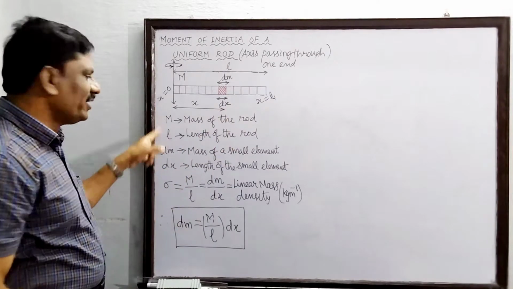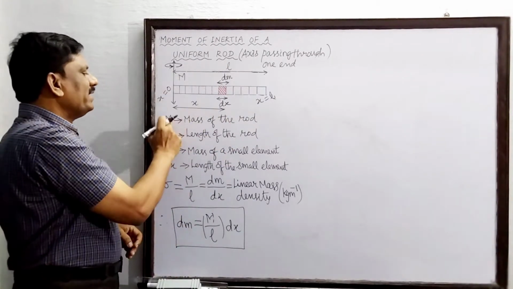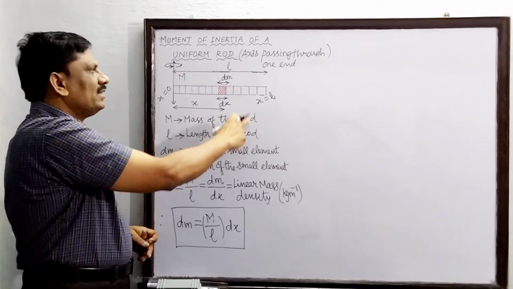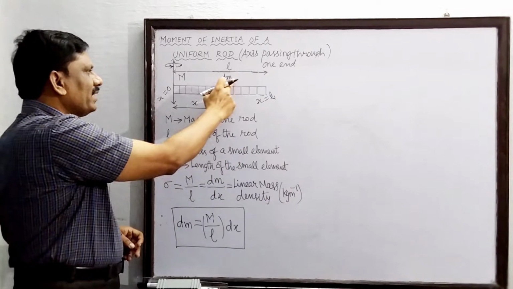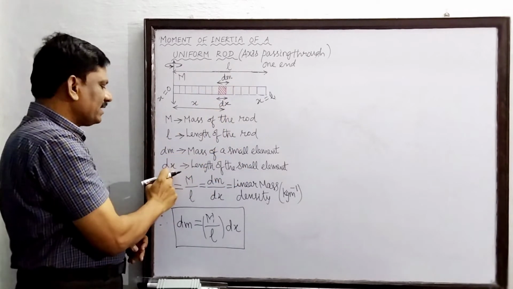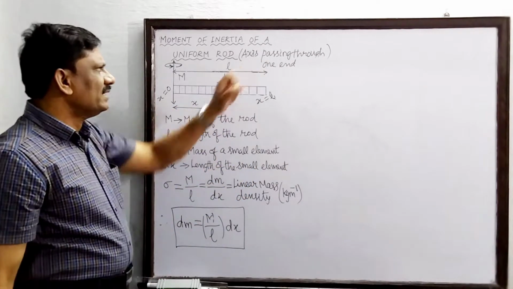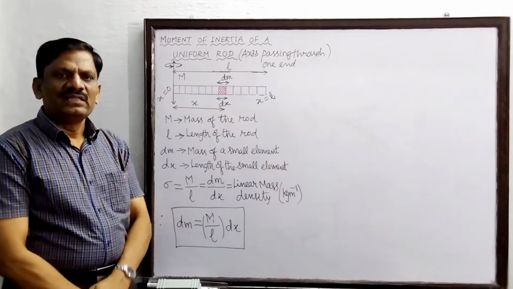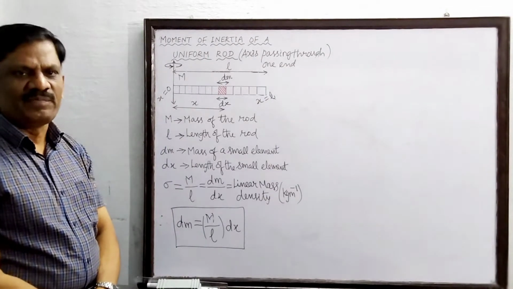Okay, we will introduce the terms which are used in the derivation now. Capital M denotes the mass of the rod, small l denotes the length of the rod, dm represents the mass of one small element and dx represents the length of the small element. Since it is a uniform rod, the mass per unit length must be the same at every point.